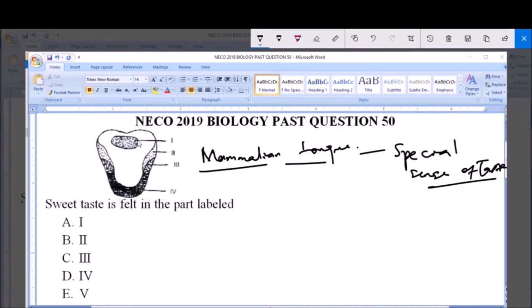Now, this area behind here is for bitter taste. Then this one close to the side, close to the back, is for sour taste.